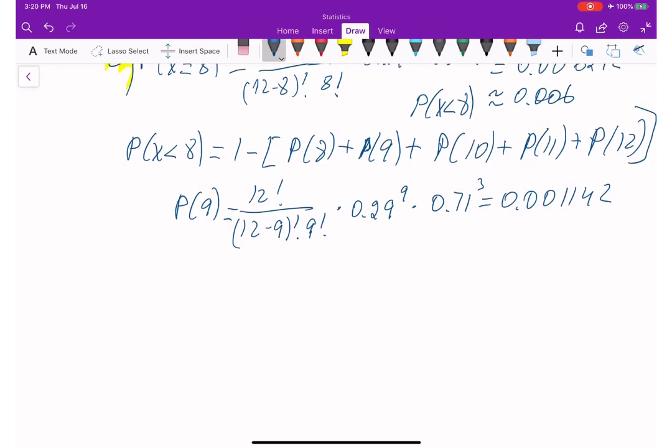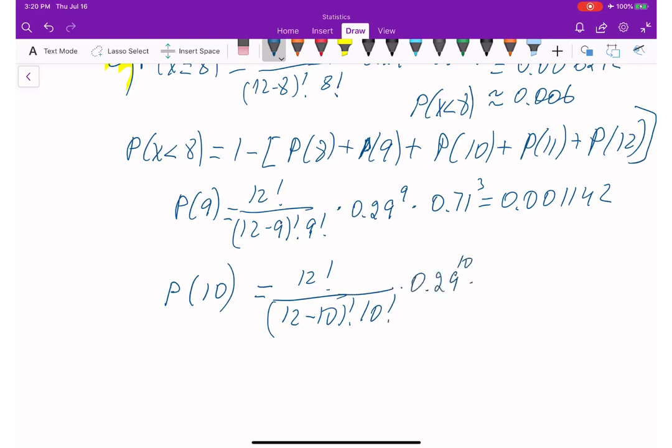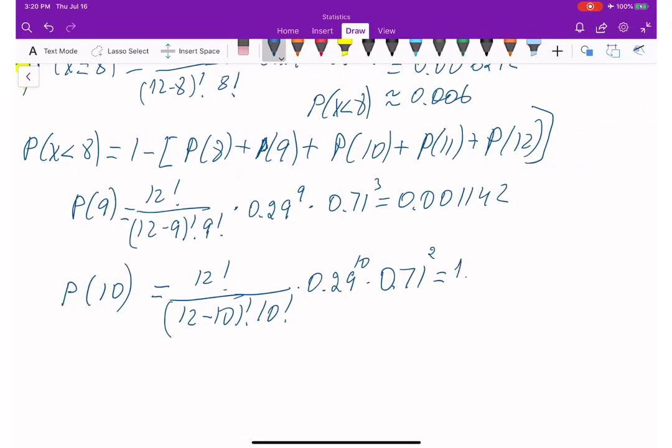Probability of 10 is equal to 12 factorial over 12 minus 10 factorial times 10 factorial, times 0.29 to the power 10 times 0.71 to the power 2. And that is equal to 1.399718.